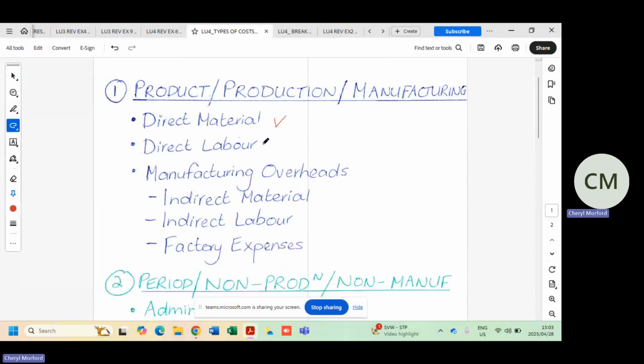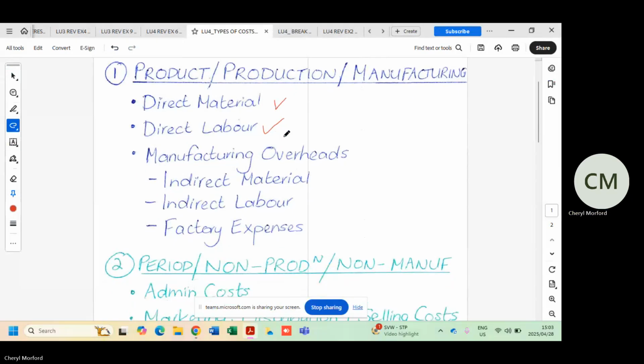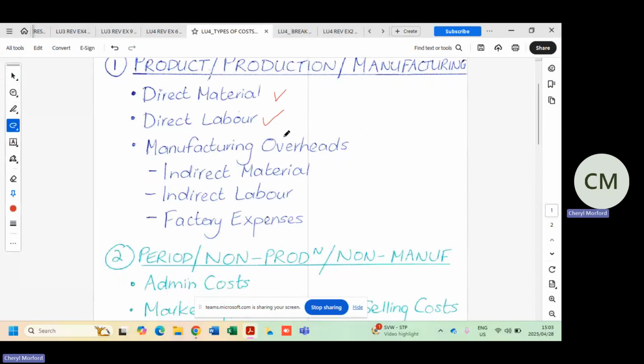Okay. Then we're going to have direct labor. These are the workers who are specifically directly involved in the production of the product, often referred to as touch labor because they are there, hands-on. They are operating the machines. They are using the equipment. Then we have a third category that is called manufacturing overheads.